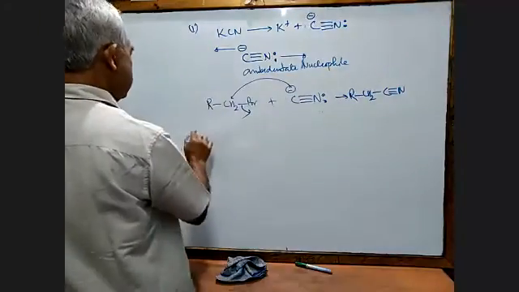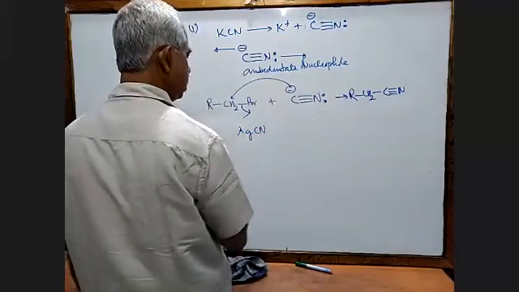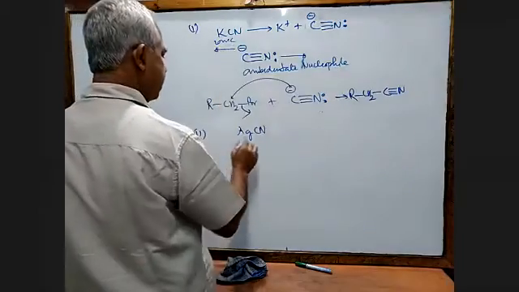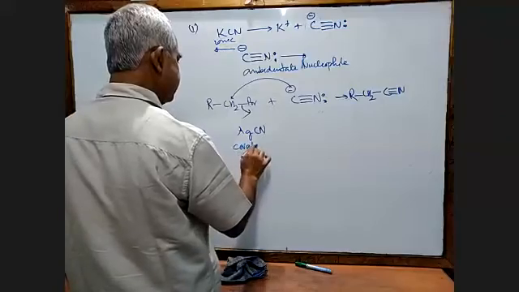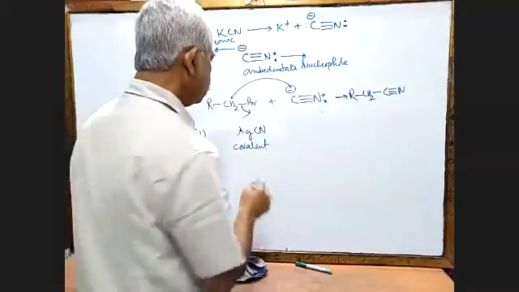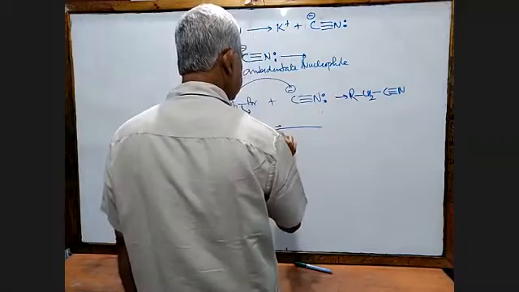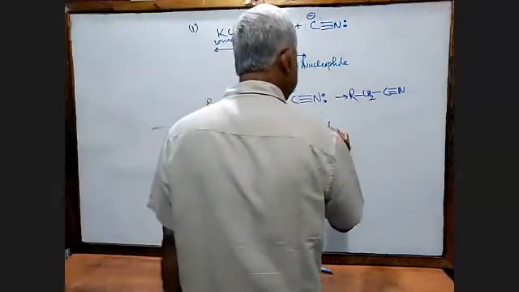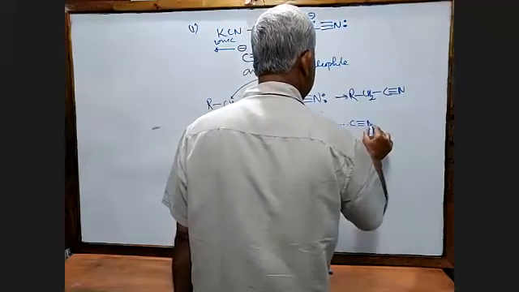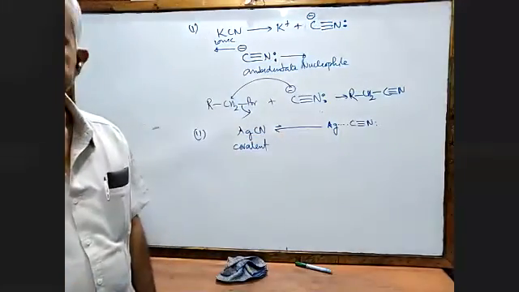This is one. Now second, I'll write here. Potassium cyanide is ionic, but silver cyanide is covalent. Most of the silver salts are covalent in nature. So what is going to happen? In this case, the dissociation is very slow. You will find the silver is bonded to nitrogen like this. So in the solution, the carbon is not free.